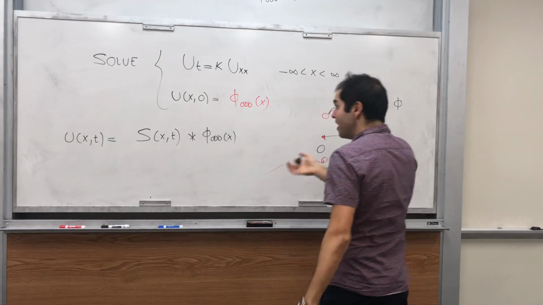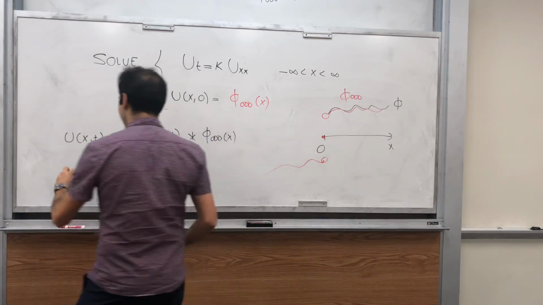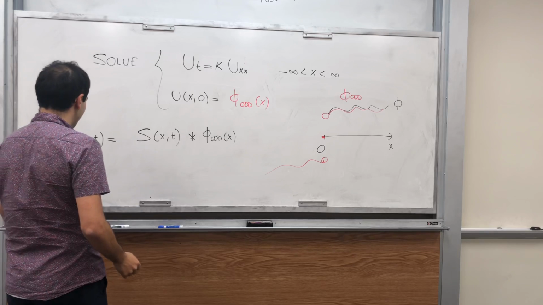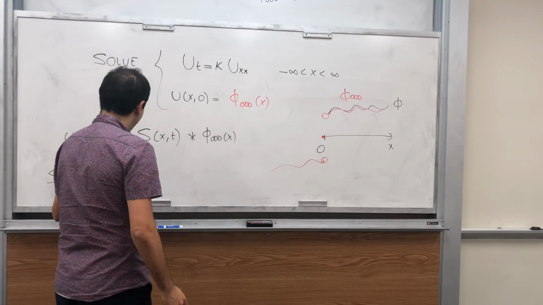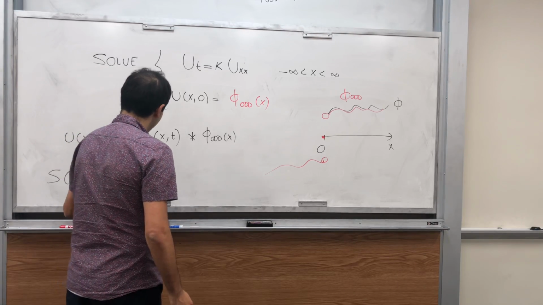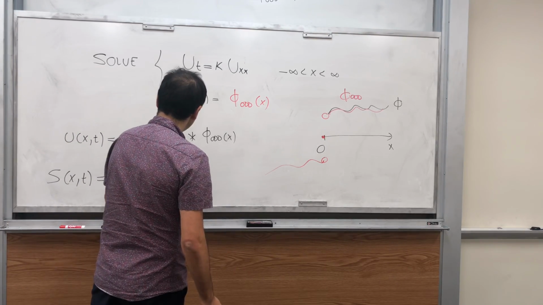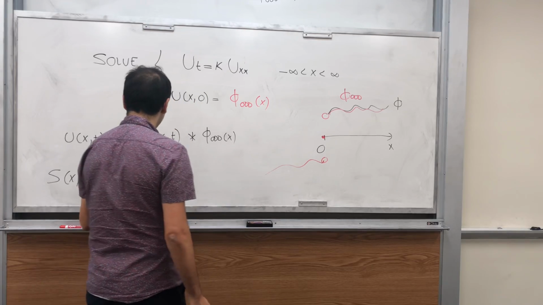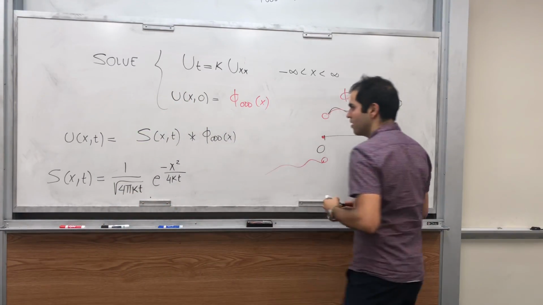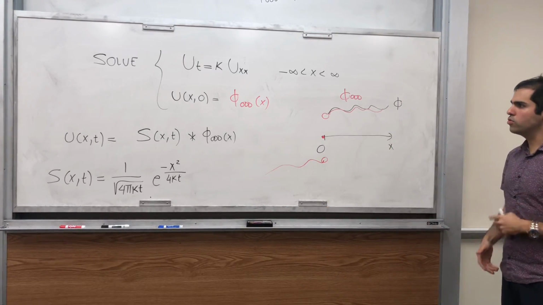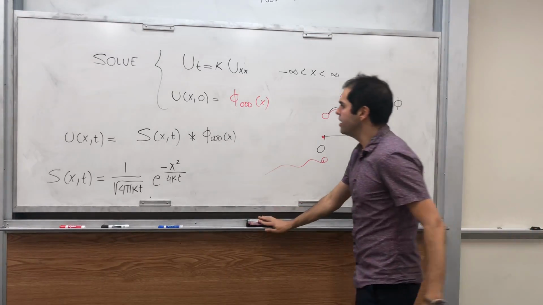And I'd like to remind you what the fundamental solution is. It's just a Gaussian kernel: 1 over the square root of 4 pi k t, e to the minus x squared over 4kt. Again, the fundamental solution of the heat equation.